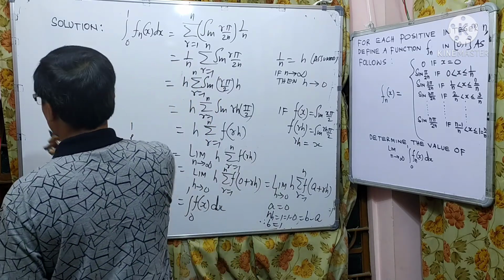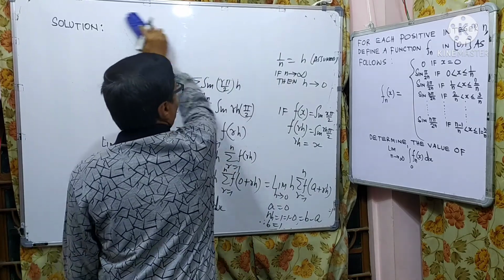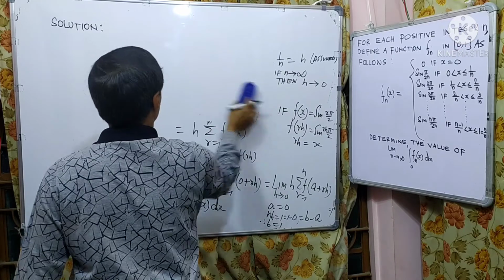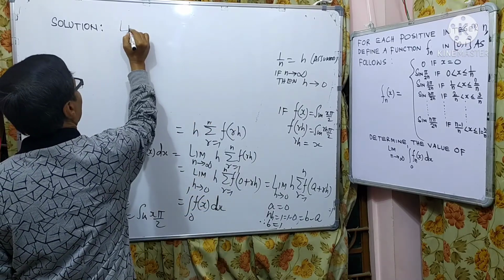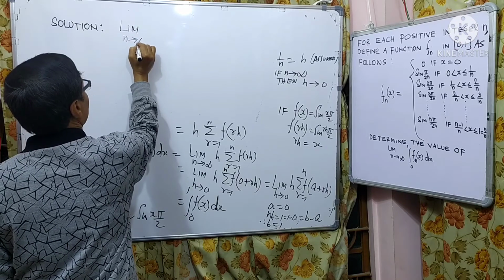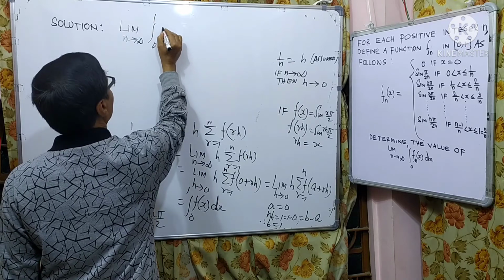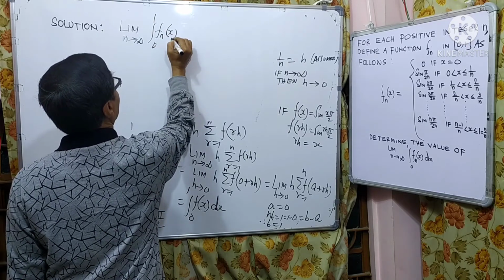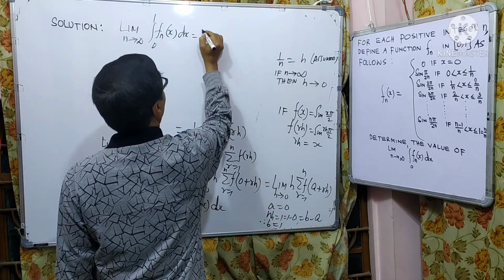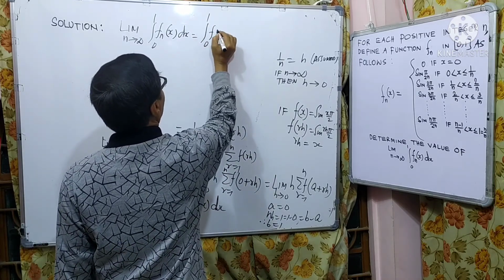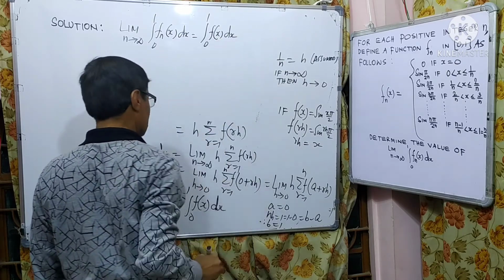So the value of this limit, limit n tends to infinity of the integral 0 to 1 fn x dx, is equal to the integral 0 to 1 fx dx.